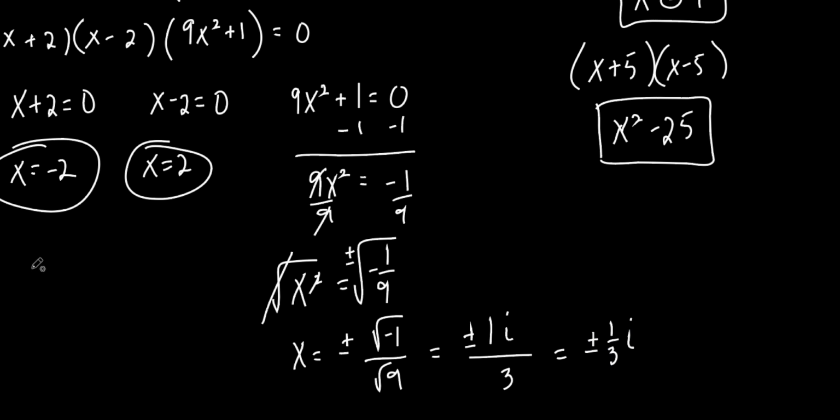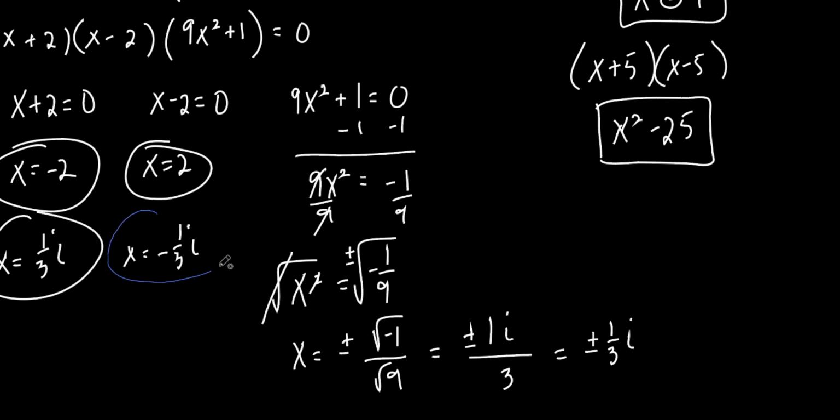But I thought we were getting 4 answers altogether. This is x, but look what we got. We got a positive 1/3 i, and we got a negative 1/3 i. Check it out. We got 4 answers just like we thought we would.